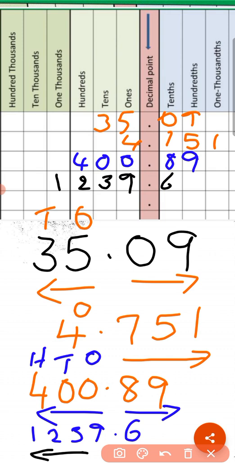So children, today you learned how to place a given decimal number in the place value chart. You already know that a decimal number has two parts, a whole number part and a decimal part. To the right of the decimal point is the decimal part and to the left of the decimal point is the whole number part.